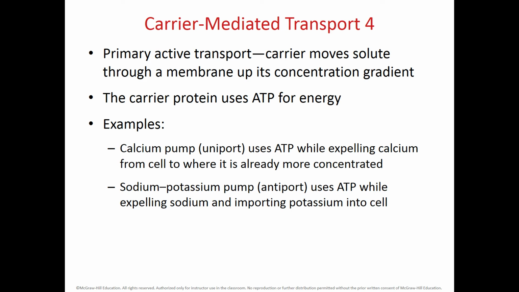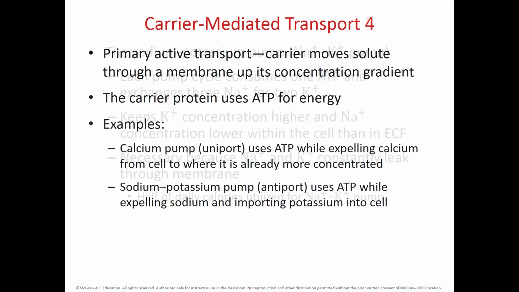Examples of this are the calcium pump, which uses ATP to transport calcium out of the cell to where it's already more concentrated. In the case of antiports, you have the sodium-potassium pump that uses ATP while putting sodium outside of the cell and bringing potassium into the cells.